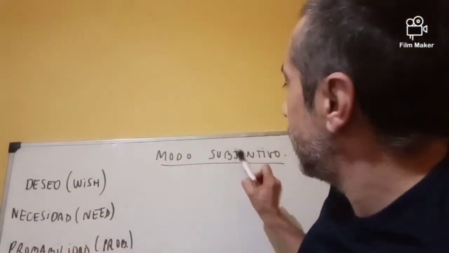So in today's video, I want to show you the different uses of what we call in Spanish modo subjuntivo. I know that this is an extremely difficult issue for many foreign people, for people who don't have Spanish as their mother tongue.